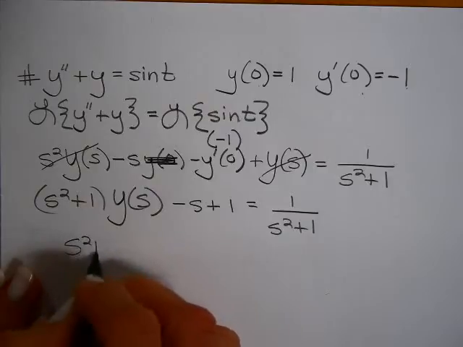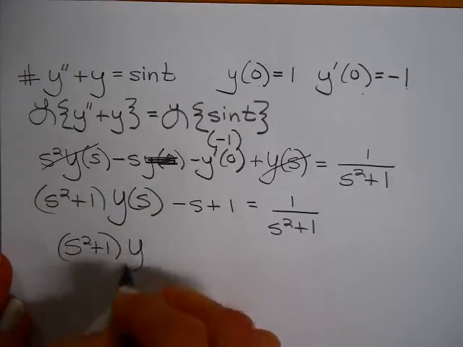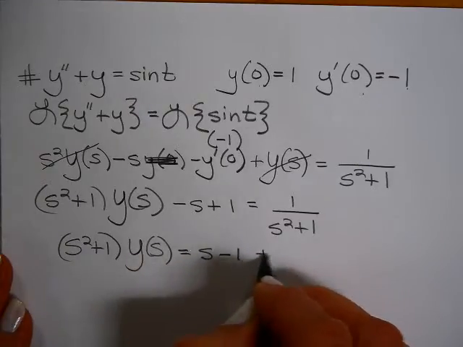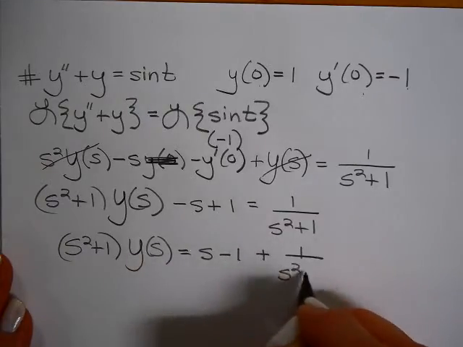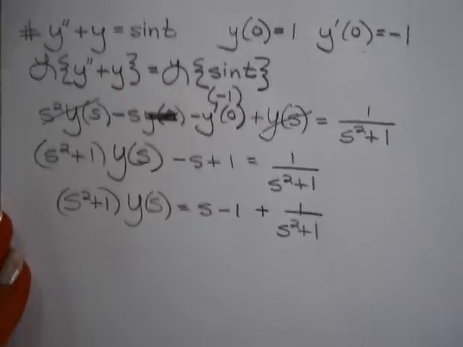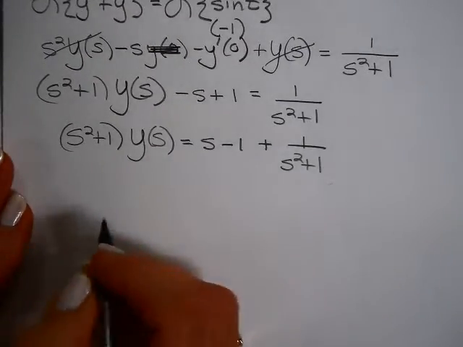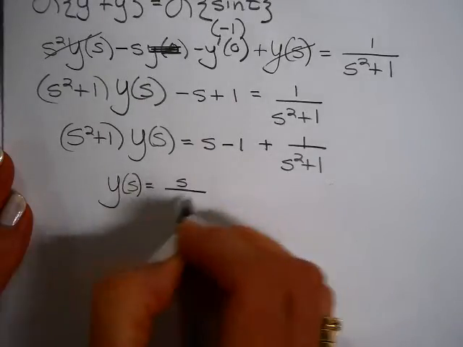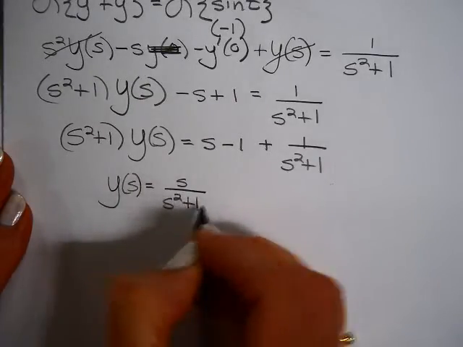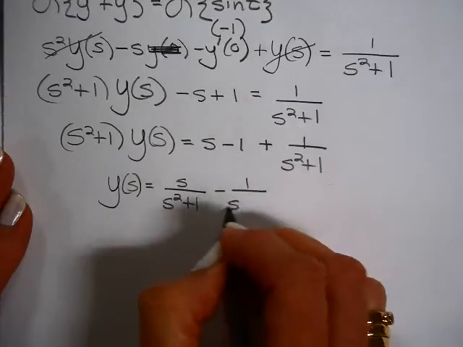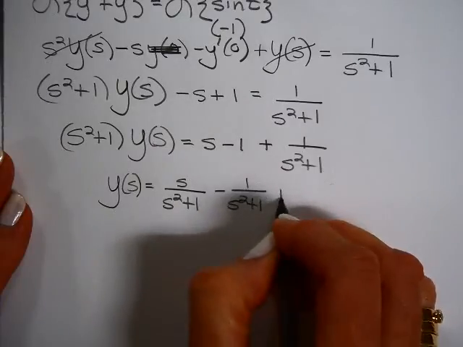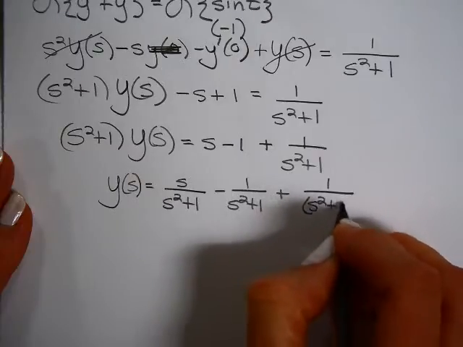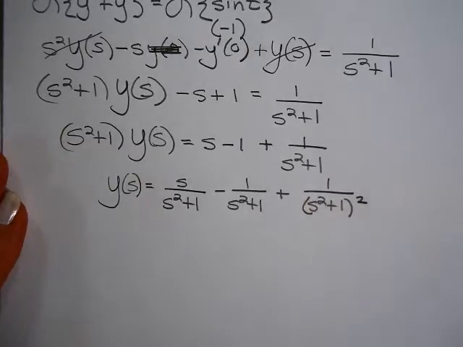Then solving for Y of s, divide everything by s squared plus 1. So I have s over s squared plus 1 minus 1 over s squared plus 1 plus 1 over s squared plus 1 squared.